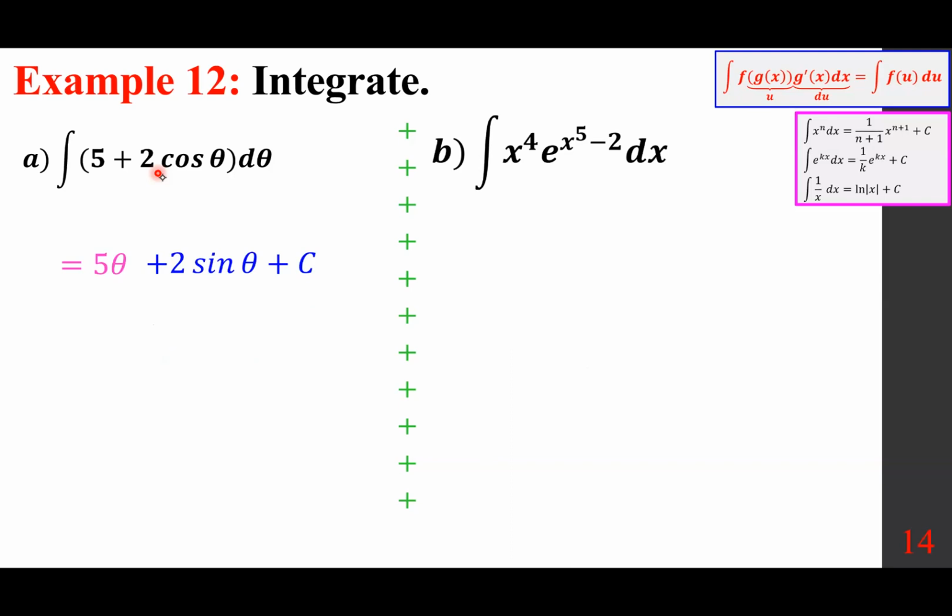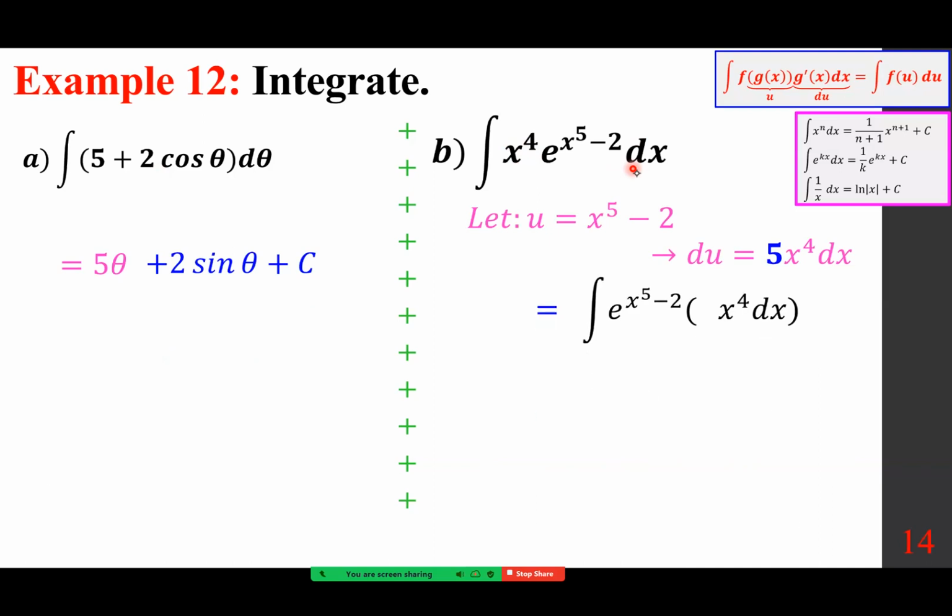As I mentioned before, anytime an exponent is involved, the exponential functions, the choice of u is the exponent. The derivative is 5x to the power of 4, therefore du is 5x to the power of 4 dx. Let's rewrite this by writing x to the power of 4 next to dx. And when we compare, everything is in order except we don't have number 5 here.